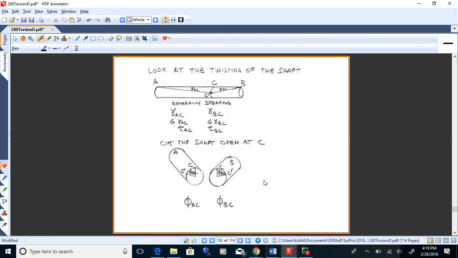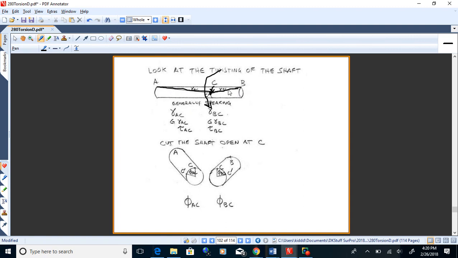All right, so the thing to realize here is if we start with straight lines on top of the shaft from A to C and from B to C, and we apply a torsion at C and roll it over like that, C is going to move to C prime. That's where it's going to go. So that line that went straight across the top will angle down to C prime, like that. So we're going to get a bit of twisting there in the shaft.